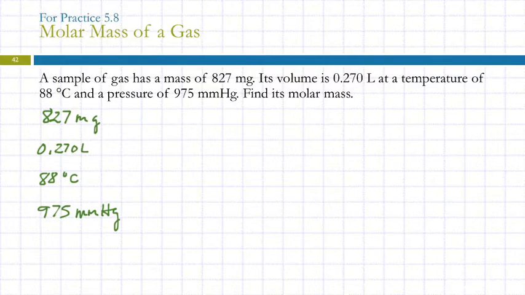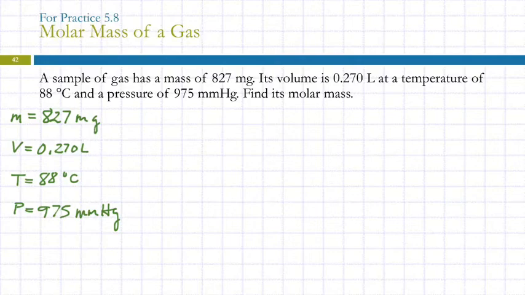Those are the numbers, right? Then let's label these. This is the pressure. This is the temperature. Liters would be the volume, and then this is the mass, right? So M, not to be confused with meters. Mass is 827 milligrams. So I've identified all these numbers.